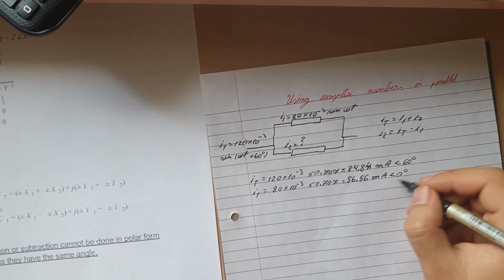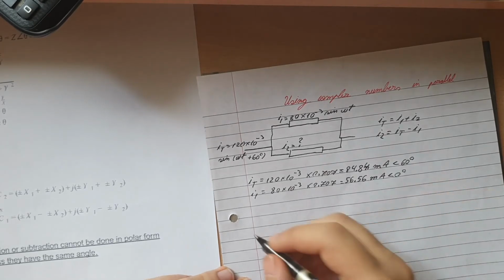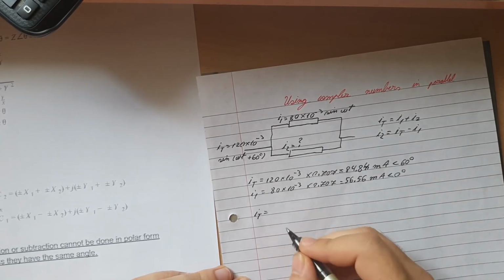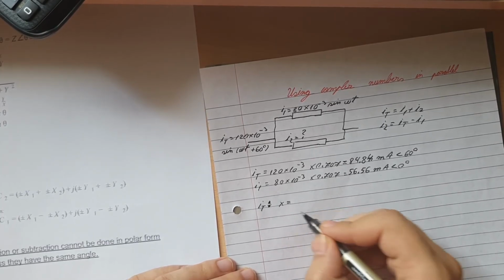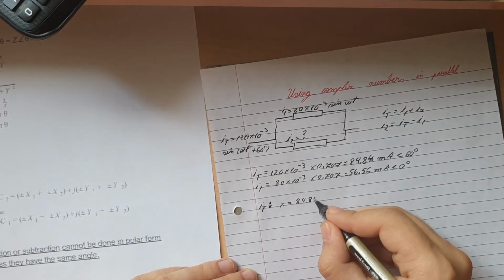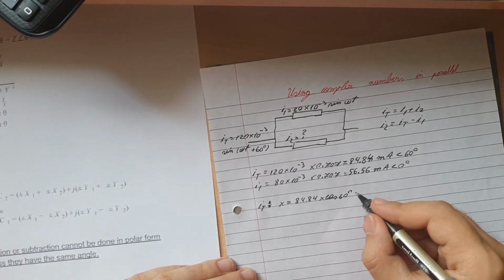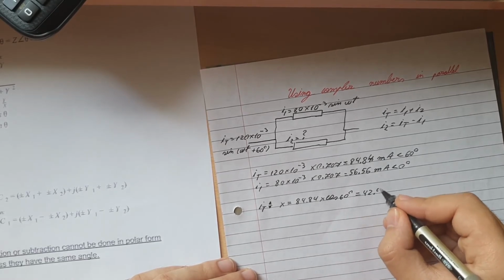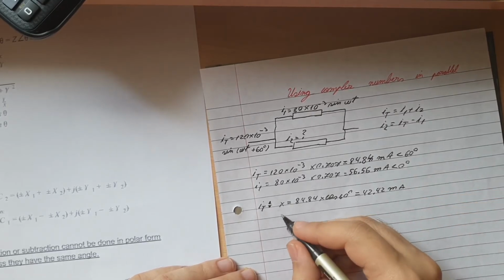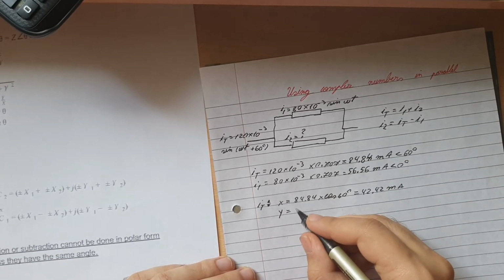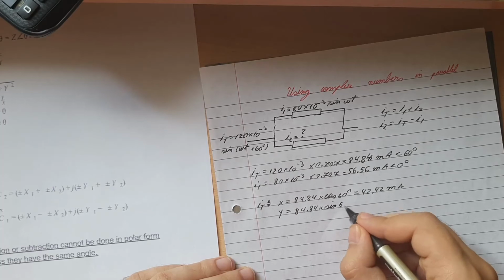So basically there is no J value in this one really, but we still need to do them. So then for IT, the X value will be equal to 84.84 times cosine 60 degrees, which is equal to 42.42 milliamps, and then Y is equal to 84.84, this time multiplied by the sine of 60 degrees.